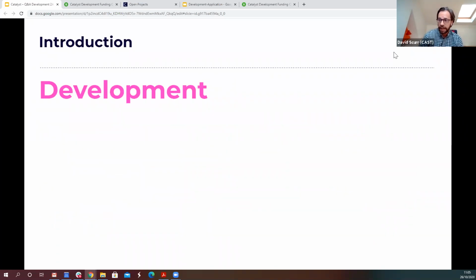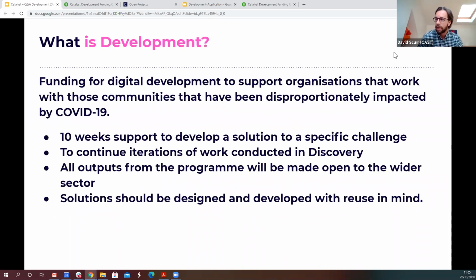Looking specifically at this second round of development, what is it? What is development? So it's funding for digital development to support organizations that work with those communities that have been disproportionately impacted by COVID-19. It offers 10 weeks of support to develop a solution to a specific challenge. And it will also offer the chance to continue iterations of work that you've conducted in your discovery process.